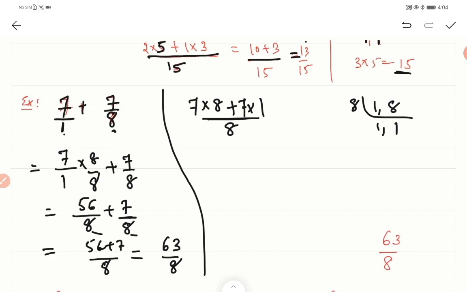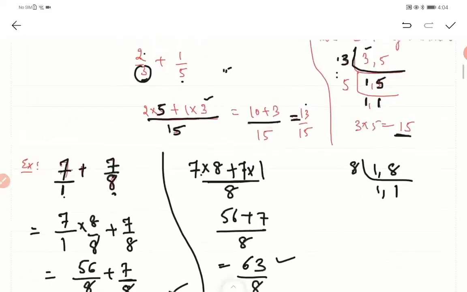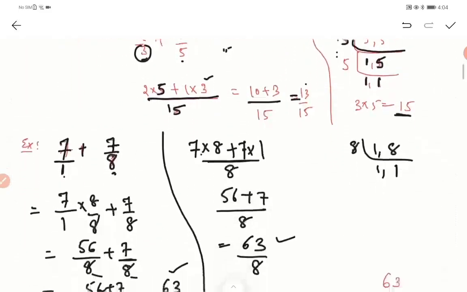So 7 8s is 56 plus 7 divided by 8. This is again 63 by 8. So the LCM method and the multiples method are one and the same. Just two steps change. We can see more examples in our Zoom meeting, inshallah.